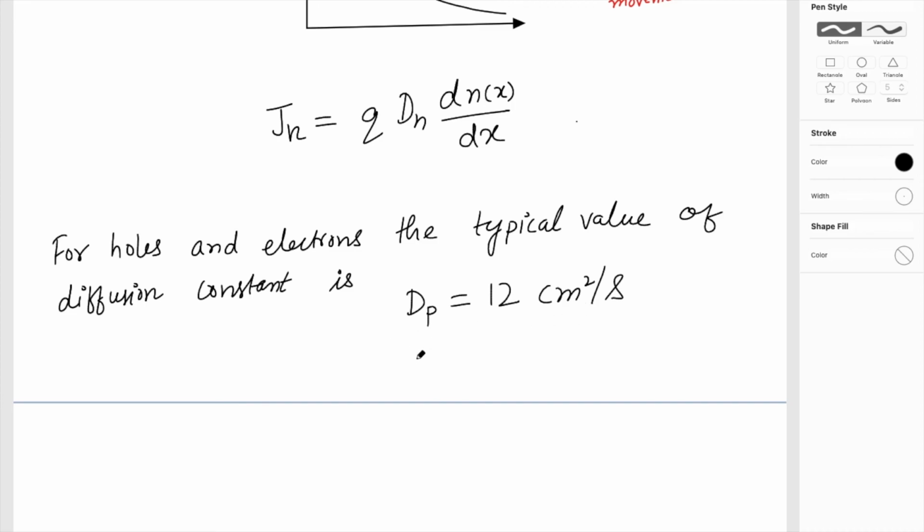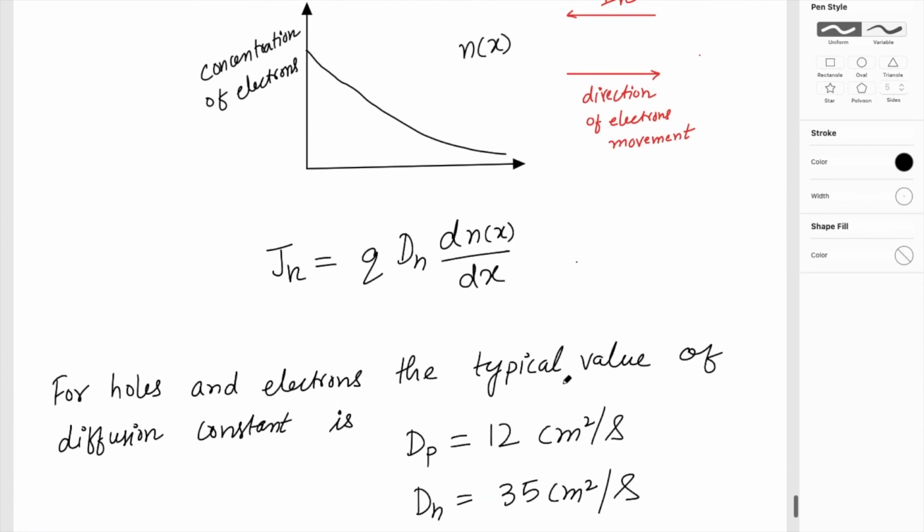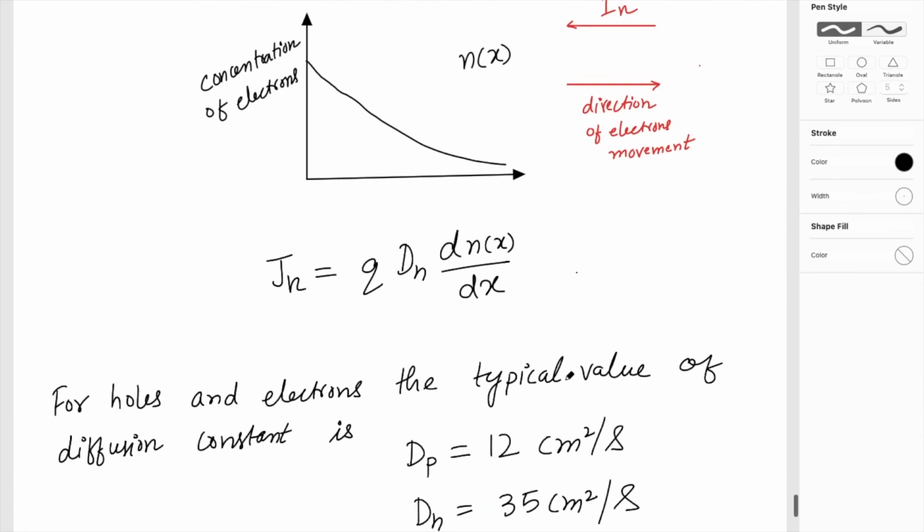This is for the holes, and for electrons it is 35 centimeter square per second, okay. So this is all about the diffusion current because of the difference in the concentration, either for the electrons or for the holes. So now if we try to find the diffusion constant and the mobility, we'll come up with a very nice relation. This is called the Einstein relation.